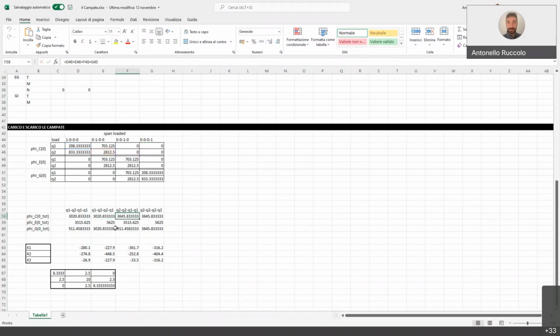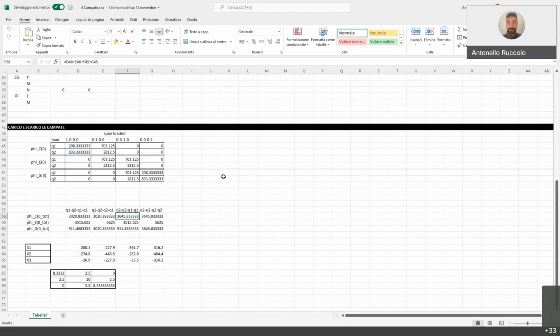Again, we can solve the structure. We can find these terms, just summing up different coefficients associated to different load conditions. So when we load spans 1 and 2 with Q2, whereas the other two spans are loaded with Q1.